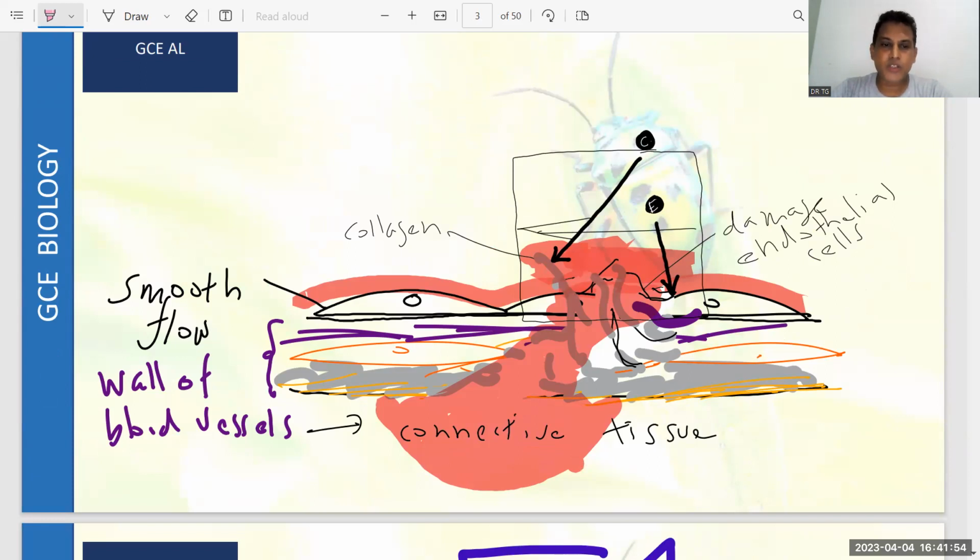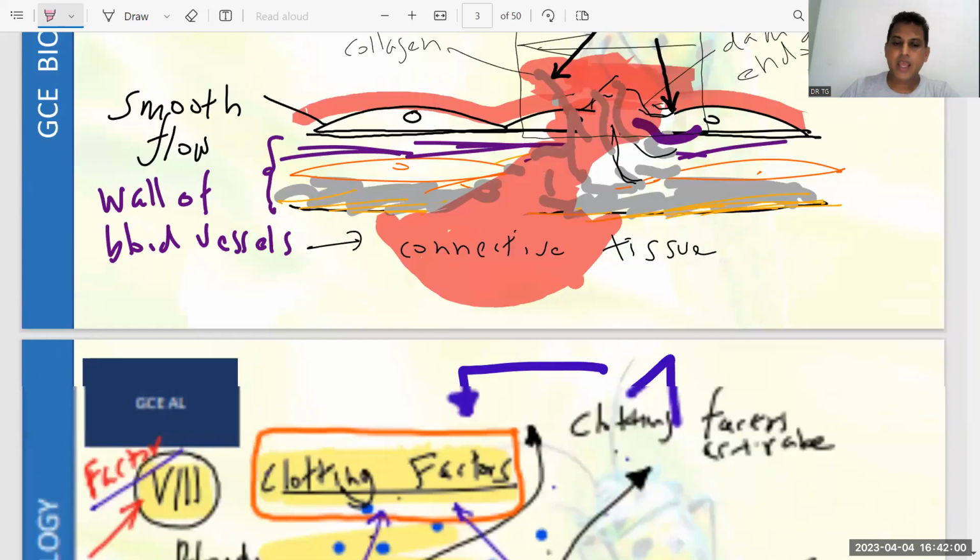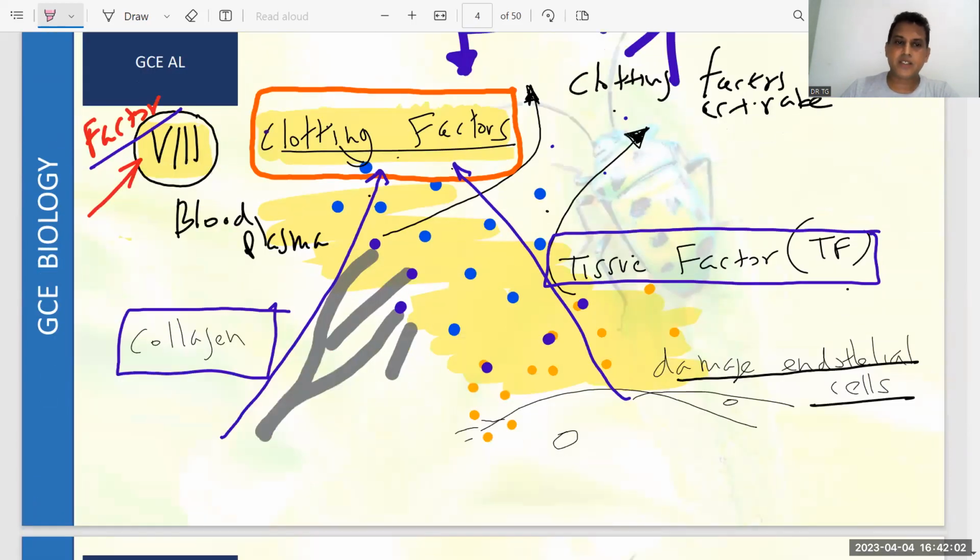As long as the smooth endothelial cell lining is lost, these molecules are exposed, and first, it activates a group of proteins in the blood called clotting factors. So clotting factors activate due to collagen, and damaged endothelial cells and tissue produce tissue factors.